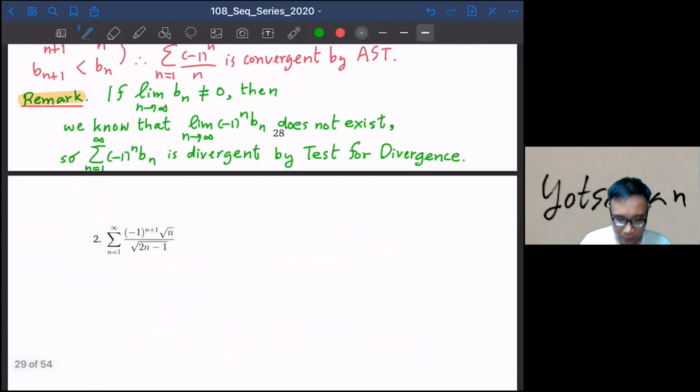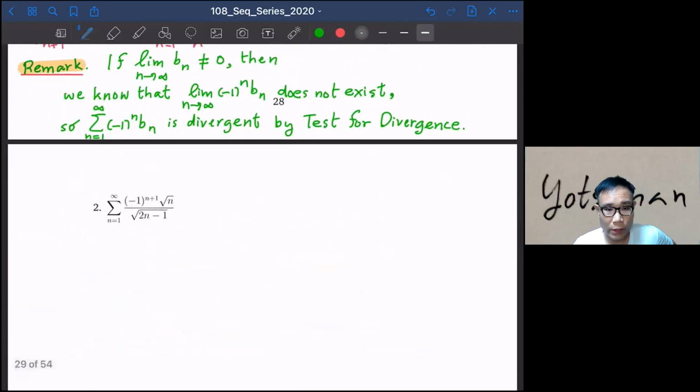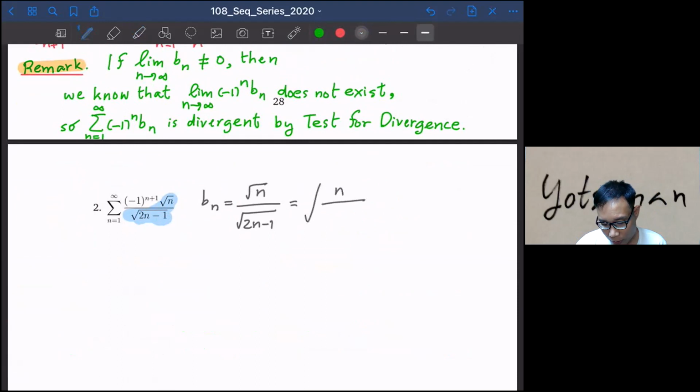The next one, you see that you have (-1)^(n+1), which we're going to ignore first, and then we're going to identify bn. In this case, bn equals square root n over square root 2n minus 1, and this will be the square root of n over 2n minus 1.